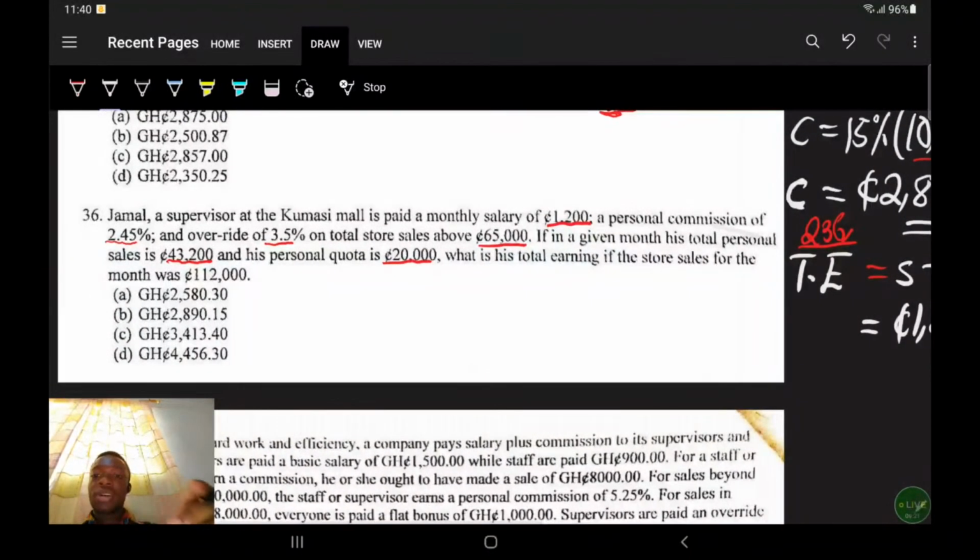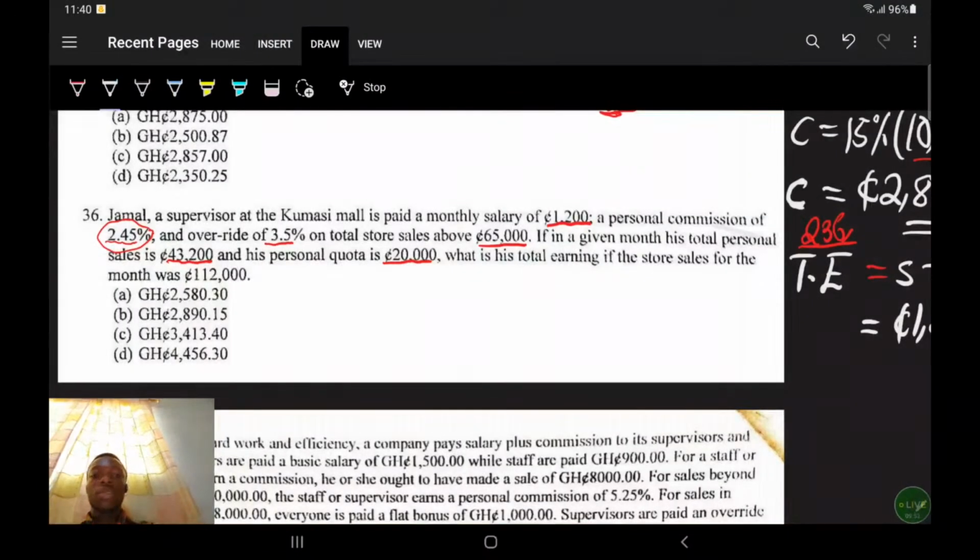For his personal commission, we were told that in a given month his personal sales was 43,200 and his personal quota was 20,000. So for him to earn a commission, he was given a quota: once you reach that level of sales, any other sale you make earns a commission of 2.45% on the remaining sales after his personal quota of 20,000.